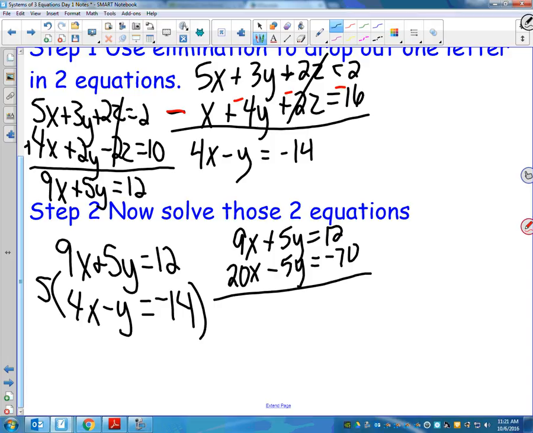And I'm adding, so that's 29x equals negative 58. And when I divide by 29, I get x equals negative 2.